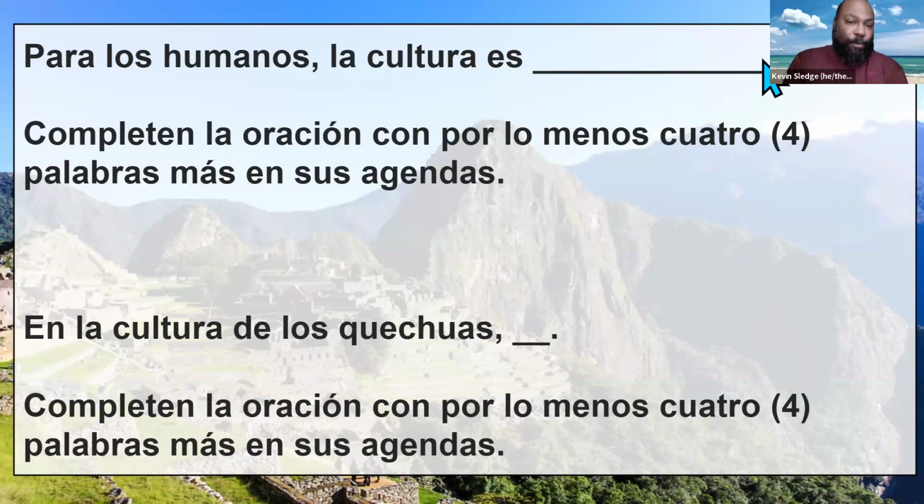And then I get more specific in this second sentence with the blank here down at the bottom. It says, in the culture of the Quechuas, blah, blah, blah. And they finish the sentence there, reflecting back on the picture that they saw and reflecting back on what they know about culture and products, practices, and perspectives. We have them fill in the blank there. Okay.